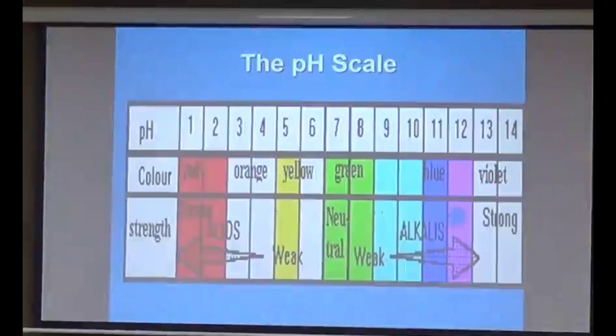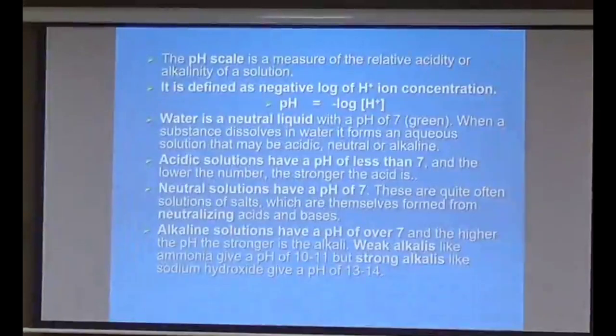Then next we have pH scale, which is actually a scale designed by Sorensen to find out the nature of different solutions. pH scale is actually a measure of the relative acidity or alkalinity of a solution. If we want to define it in mathematical terms, we can say it is the negative log of hydrogen ion concentration.